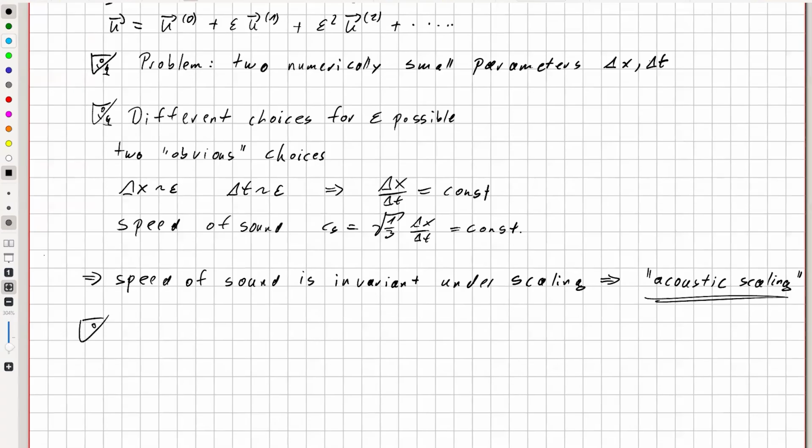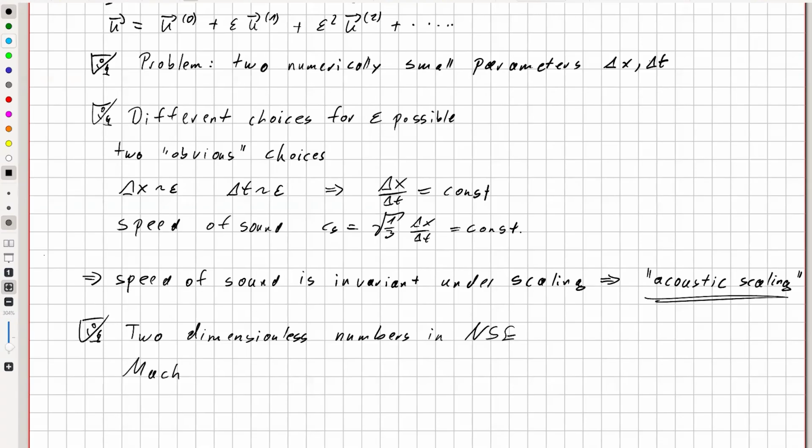So let us remind that there are two dimensionless numbers in our Navier-Stokes equation. We have the Mach number.